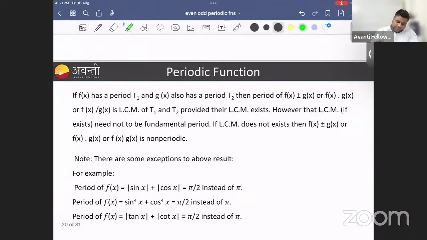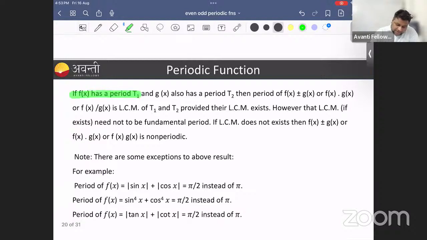Now, see one very important property. If f(x) has period T1 and g(x) has period T2, then the period of f(x) plus minus g(x), or f(x) into g(x), or f(x) upon g(x), is the LCM of T1 and T2, provided their LCM exists.